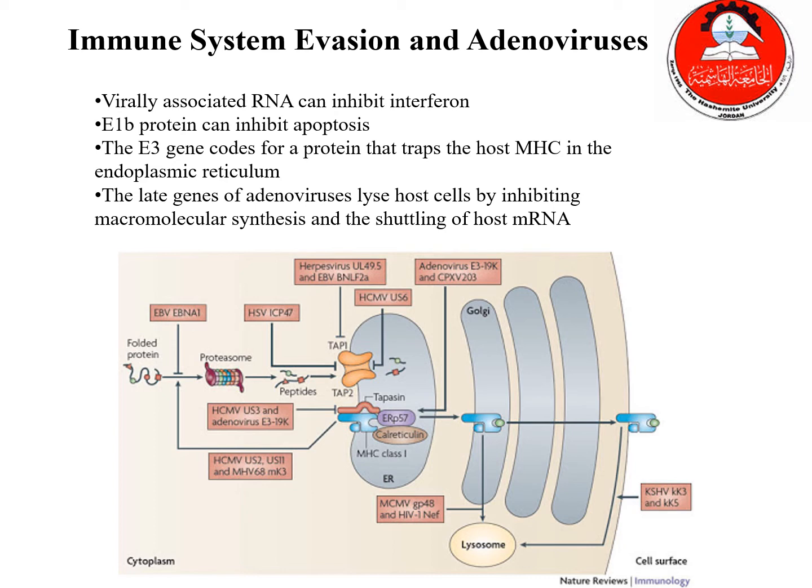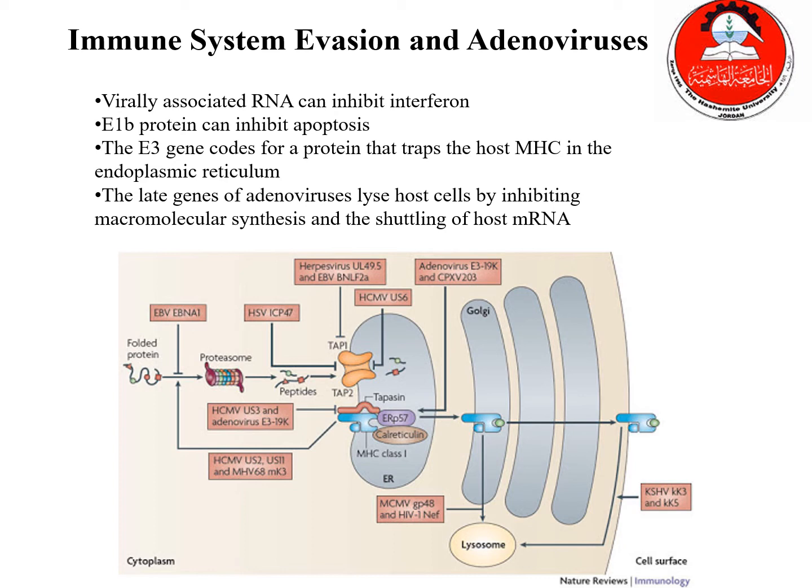Interferon, as we know, is released from the virally infected cell to warn neighboring cells that this cell is virally infected, so that they activate the interferon gene in order to activate the mechanism of getting rid of the infectious viruses. The second mechanism is that the E1B protein can inhibit apoptosis. And when the virus inhibits the apoptotic mechanism of the cell, it gives itself more time to replicate and produce new progeny viruses.